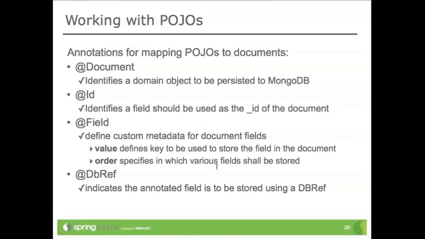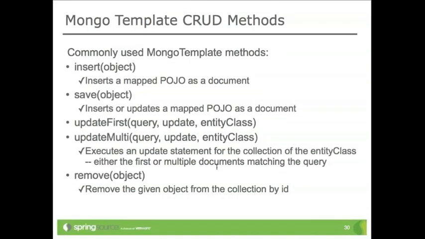It defaults to your field name, but if you want to have some other name, you can specify that as well. And again, the DBRef is if you want to have a separate document instead of an embedded document.